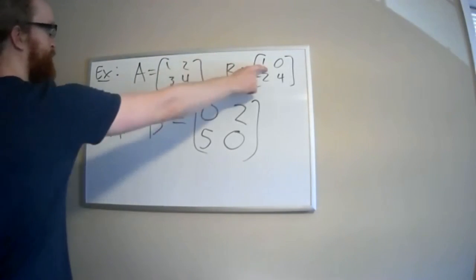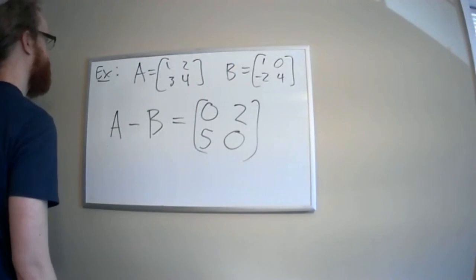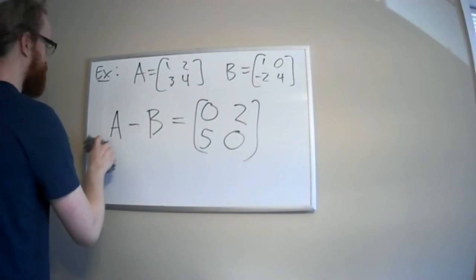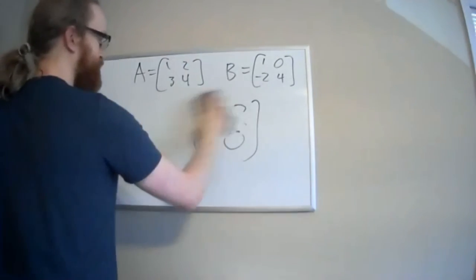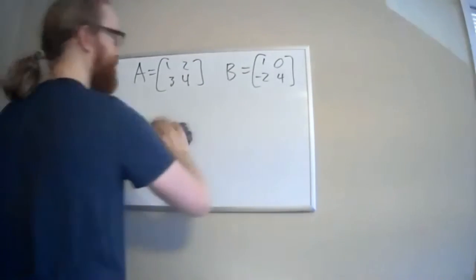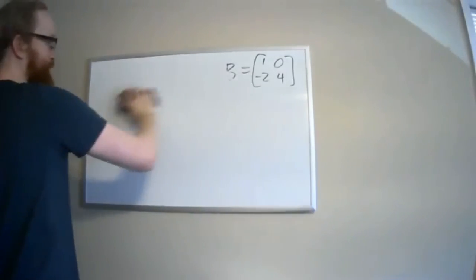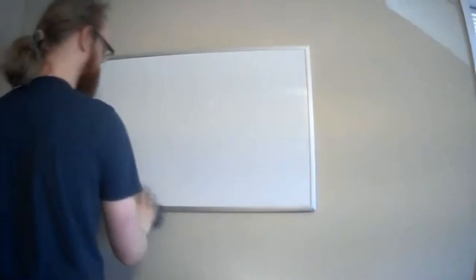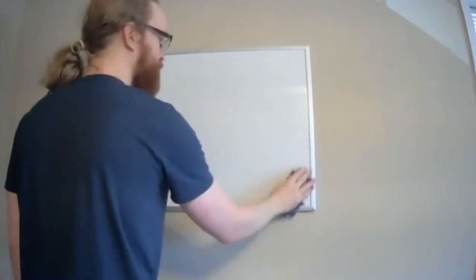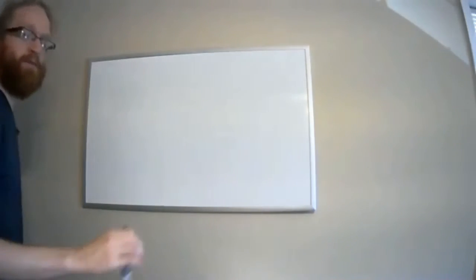Just add up the numbers correspondingly. We'll see tomorrow when we talk about matrix multiplication that same idea for multiplication just won't work. You can't just multiply corresponding entries. It's a little trickier, but I don't want to talk about that today. We'll talk about that tomorrow. Just be warned. This is comparatively easier than multiplying matrices. It'll be a little more complicated.